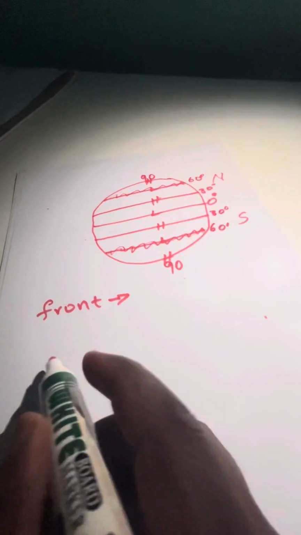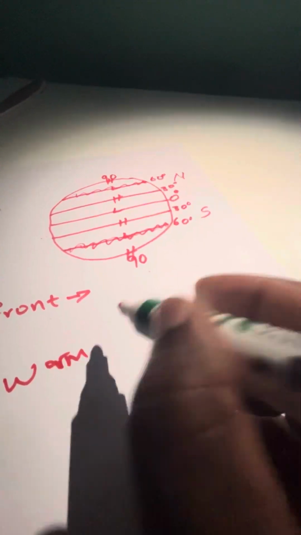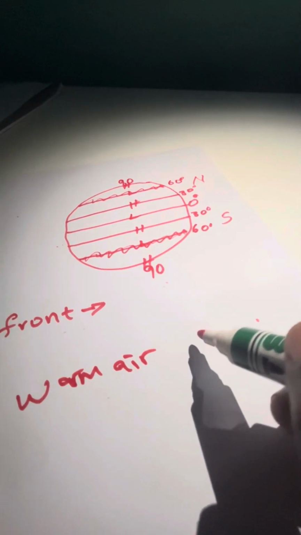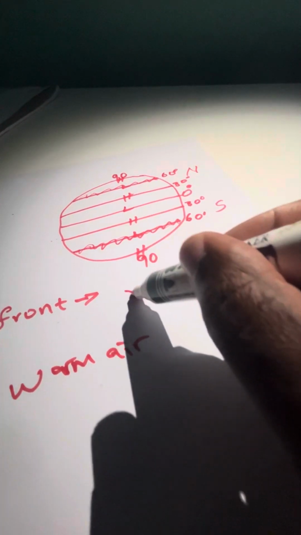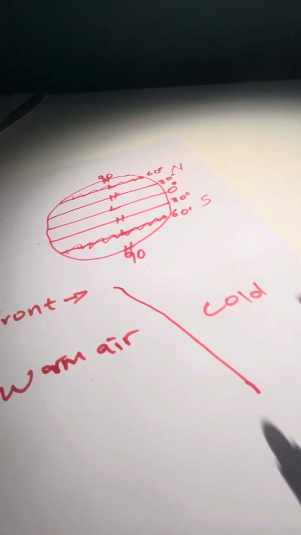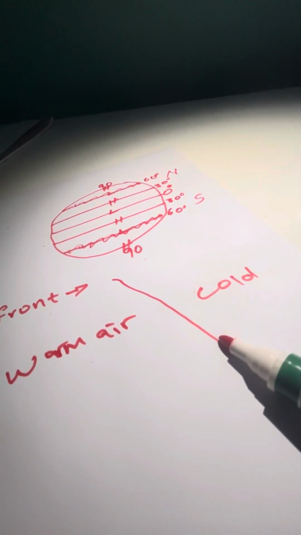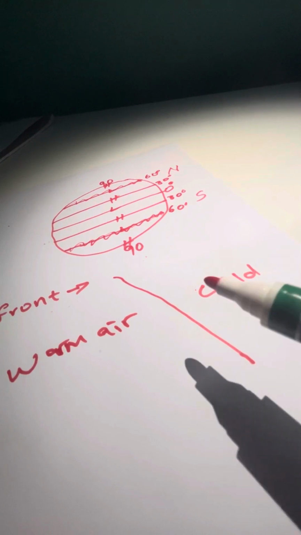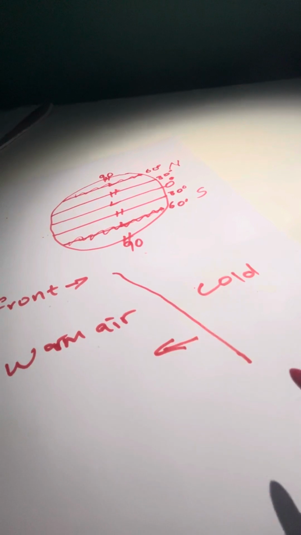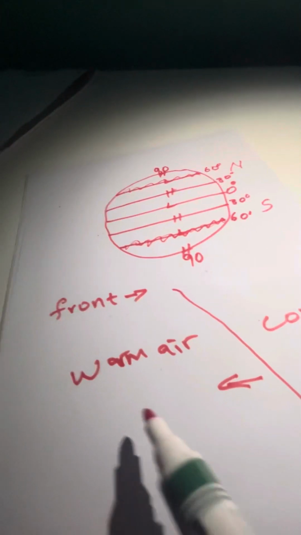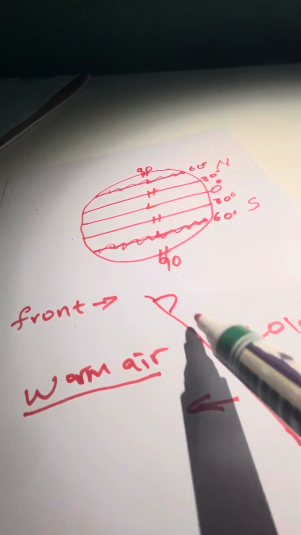So if you've got warm air and cold air, the boundary between this air is called a front. Okay, and the name of this front will take the name of the air that is behind. Let's check here. The air that is behind is warm, therefore this front is called a warm front.